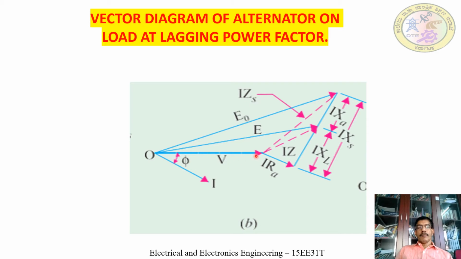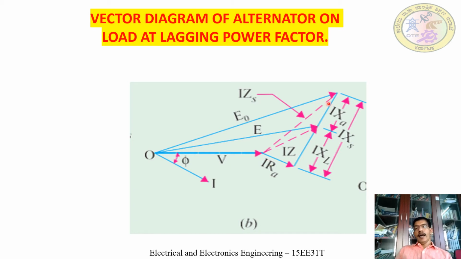Here this is terminal voltage V. Then IRA drop, armature resistance drop, is in phase with the current, that means parallel to current next to the V. Next add IXL, armature leakage reactance drop, 90 degrees to the current, that means 90 degrees to IRA. So the vector sum of IRA plus IXL is the IZ in this impedance triangle.